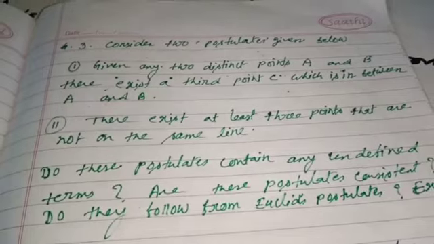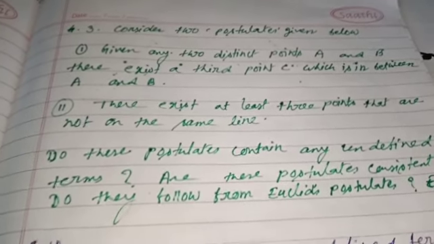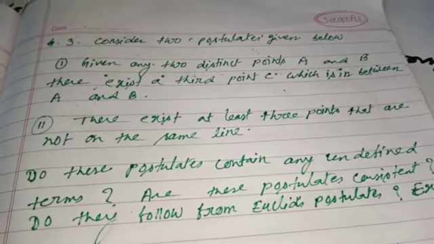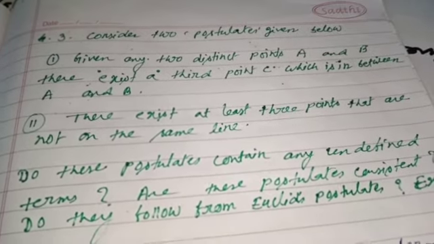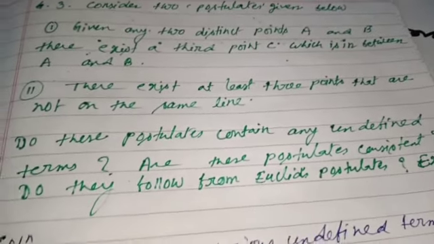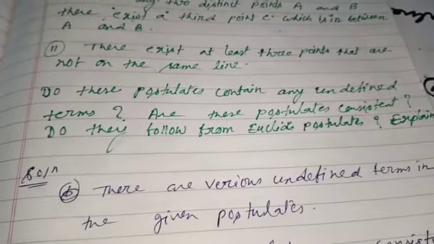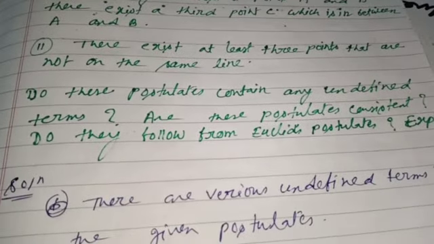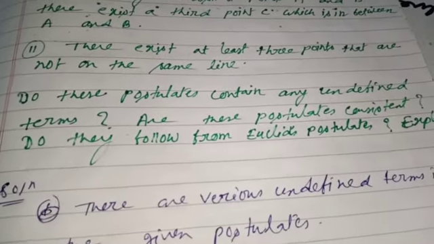So I want to say that please clear it. There exist minimum 3 points which are not on the same line. So now these two postulates they have given. Now the question is this: do these postulates contain any undefined terms?